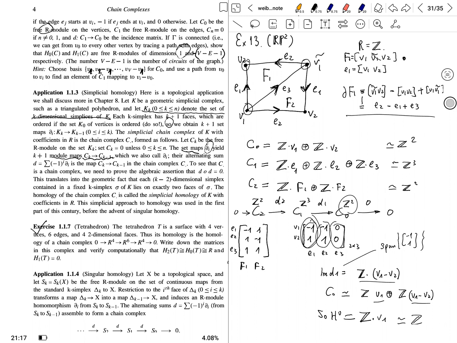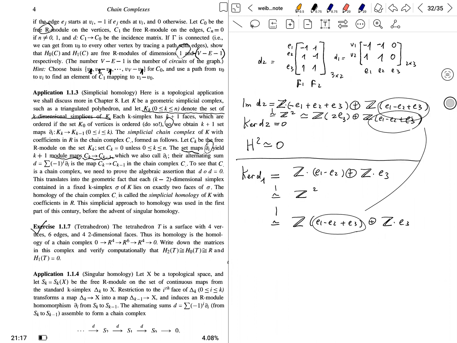The image of D2 is the image of F1 and the image of F2, as linear combinations with integer coefficients, so it's some integer coefficient times E2 minus E1 plus E3, plus some integer coefficient times E1 minus E2 plus E3. Let me copy it here.